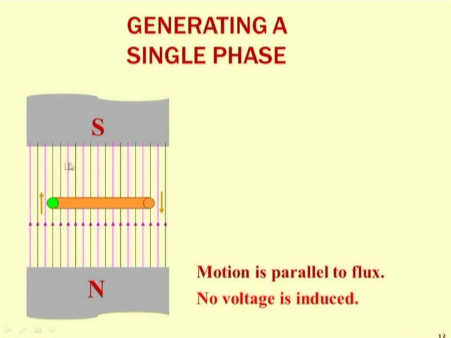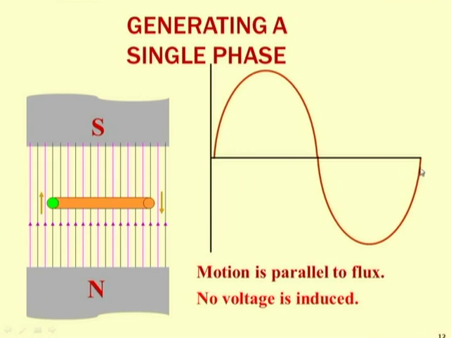Flux is not cut by the conductor, and as flux is not cut, no voltage is induced, or the induced voltage is 0. So we are talking about this position. This position is now your 360 degree position, where the conductor has completed one complete revolution from 0 degree to 360 degree. If we go further, then again at 45 degree we shall have the 0.707 positive voltage. Okay, so these are the things.